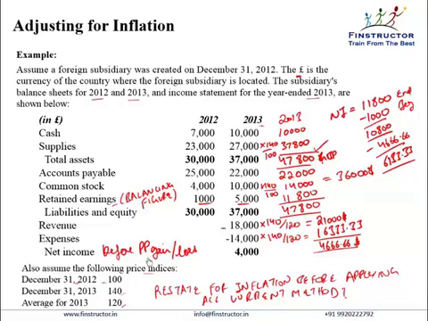So after the net income before purchasing power gain or loss, we will have a net purchasing power gain of 6,133.33 pounds, which will give us the net income as 10,800 pounds.